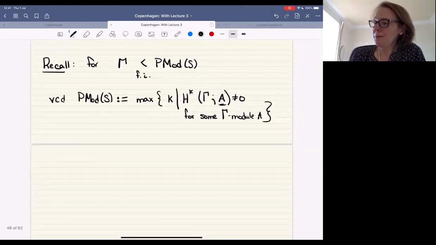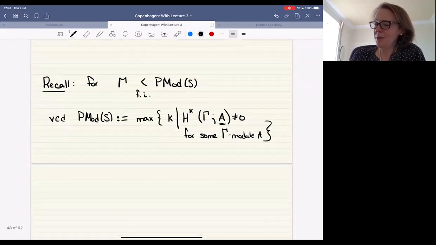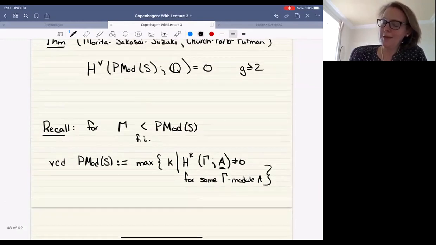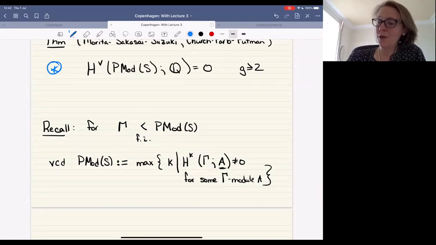I should say that if you want to think about a similar result for punctured surfaces, let me just give this a star. This, I should say, is for the closed surface case.